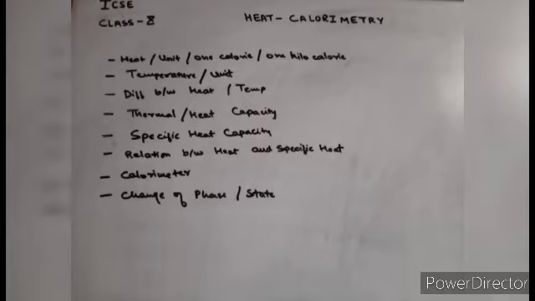Because this is the precise definition of 1 calorie, where the initial and final temperatures are taken as 14.5 and 15.5 degrees Celsius respectively. In the same manner, you can also define 1 kilocalorie. 1 kilocalorie is the heat energy required to raise the temperature of 1 kg of water from 14.5 degrees Celsius to 15.5 degrees Celsius.